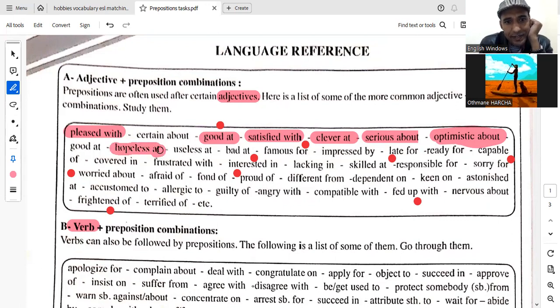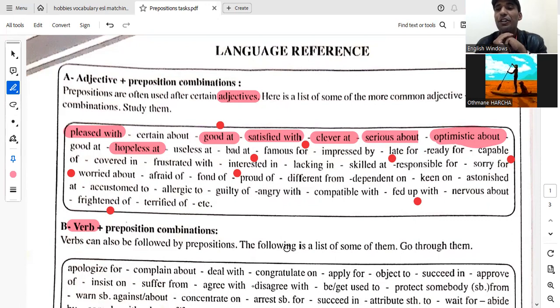Hopeless at. Oh, hopeless at. That seems to be just the opposite, right? Do you know what hopeless means?